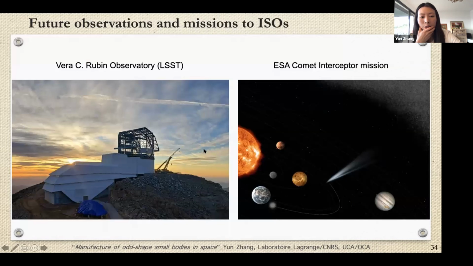Our explanation provides a viable hypothesis, but we cannot verify this from Oumuamua anymore, as it has been too far away from the Earth. But future observations, especially with the development of the Vera Rubin Observatory and space missions like ESA's Comet Interceptor mission, will help us to detect more interstellar objects and have more information about them.